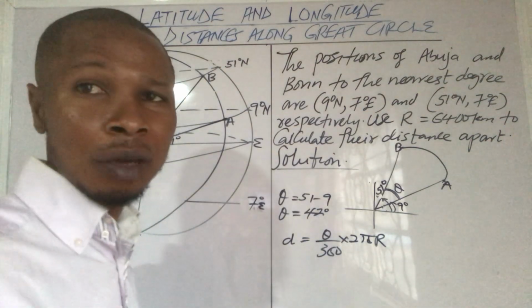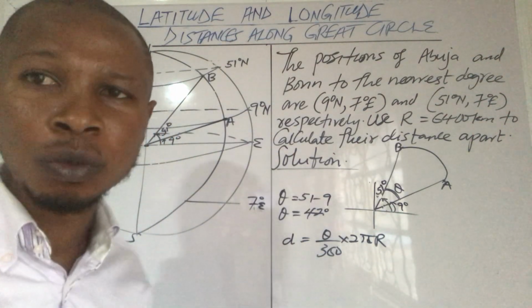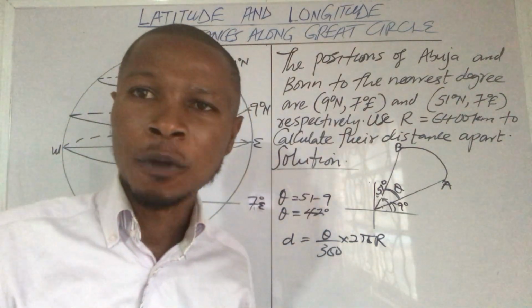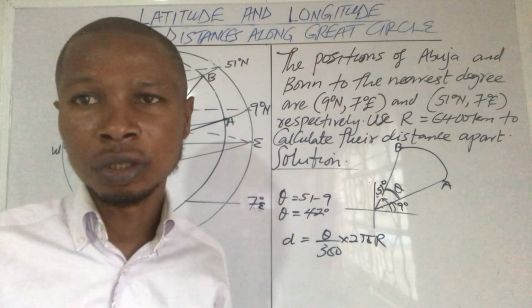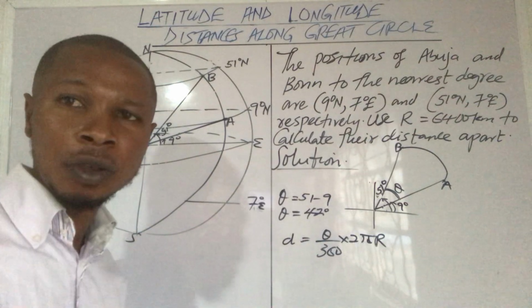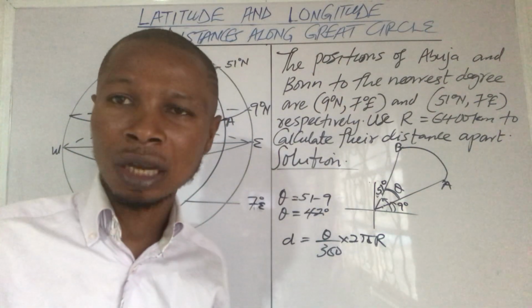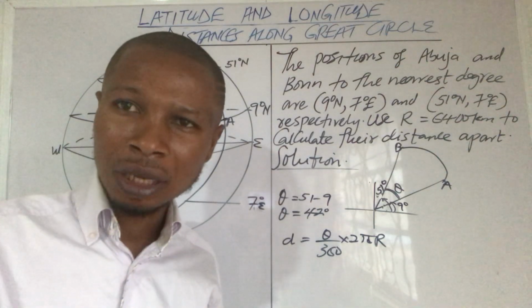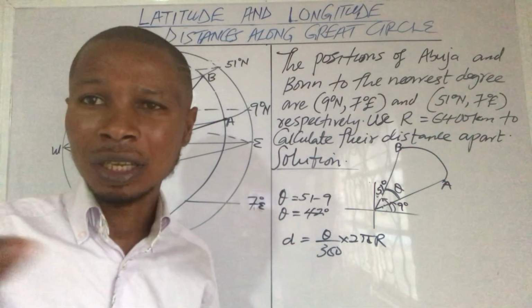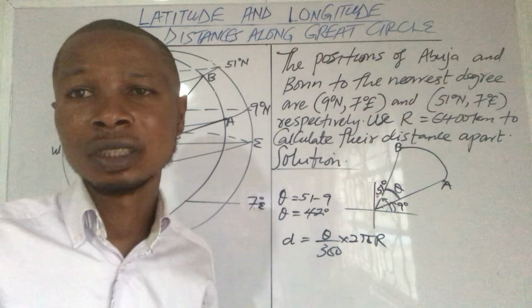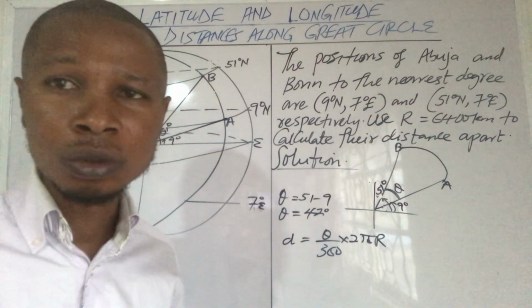That's why calculating angular difference is very important. You must know how to get your angular difference before you can do well in latitude and longitude. You can check our previous lesson on angular differences. We did 8 good examples so that you can understand angular differences properly.